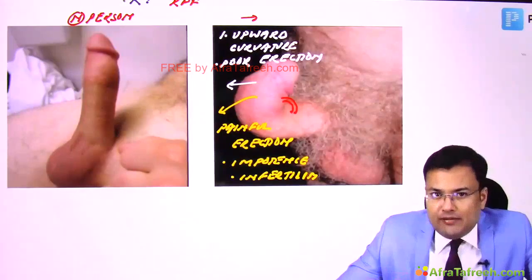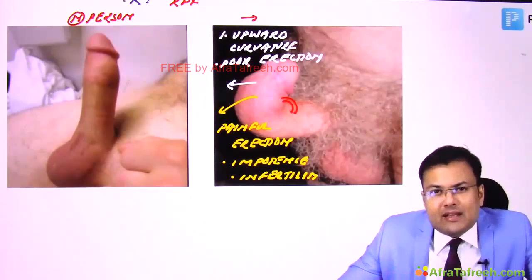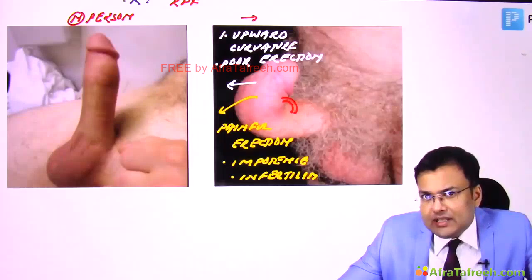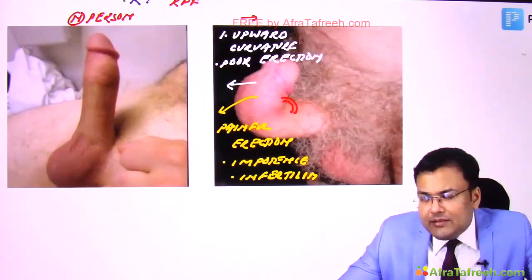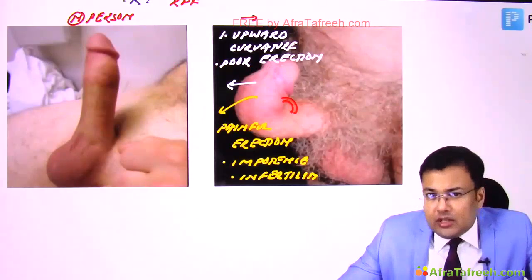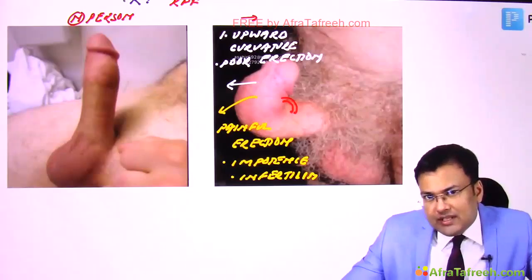So what kind of management is done? Observation and emotional support. So we have to tell the patient that don't worry, in more than 50% cases, it resolves spontaneously.